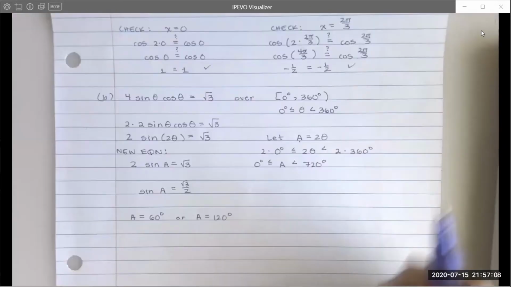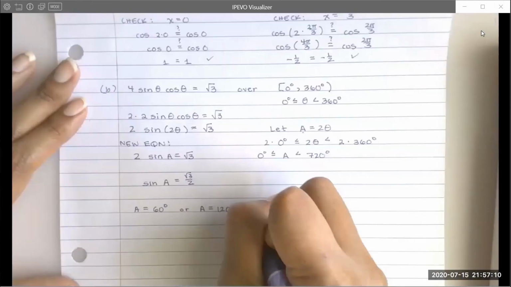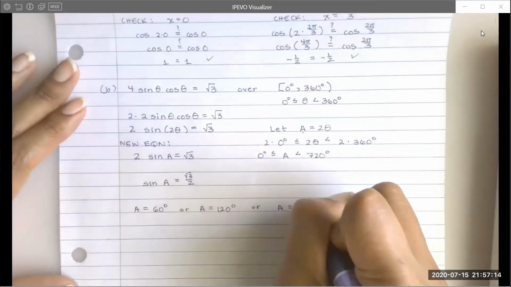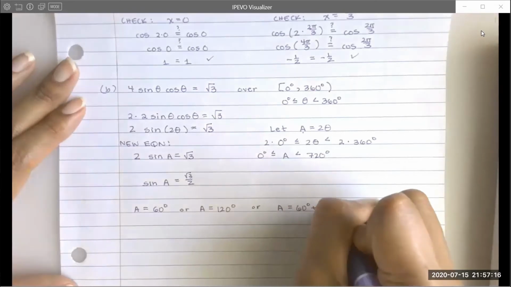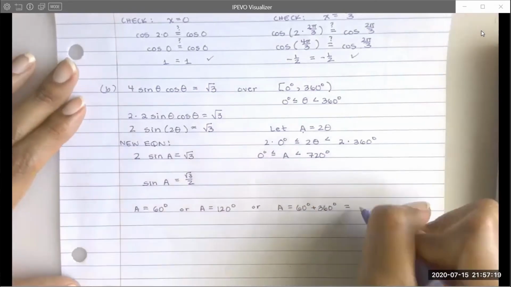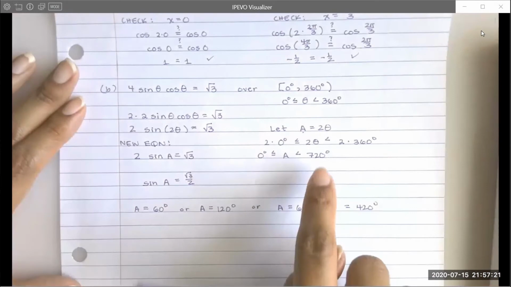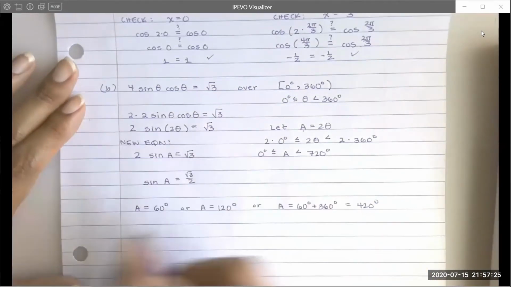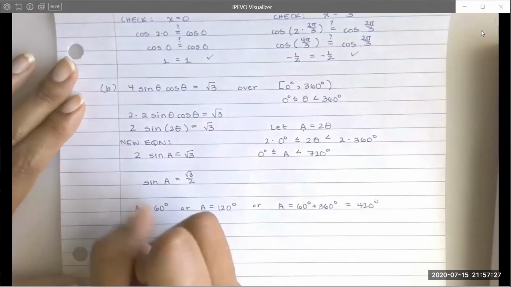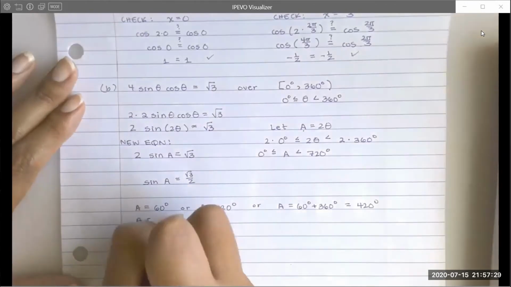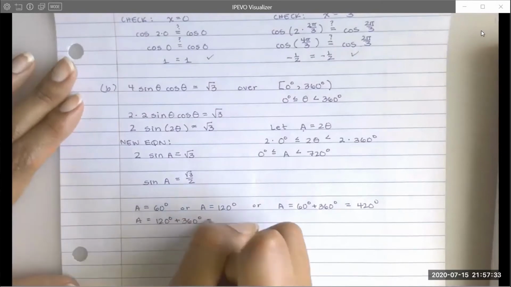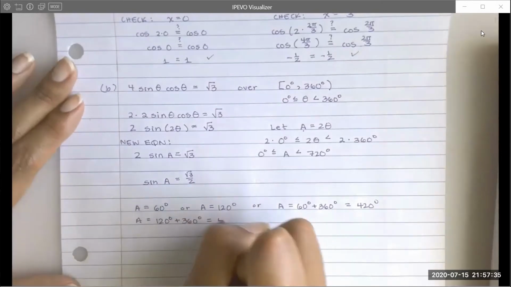So it would also be a equals 60 degrees plus 360, which gives me 420, which is still allowed. Or a is equal to 120 degrees plus 360, which is going to give us 480 degrees.